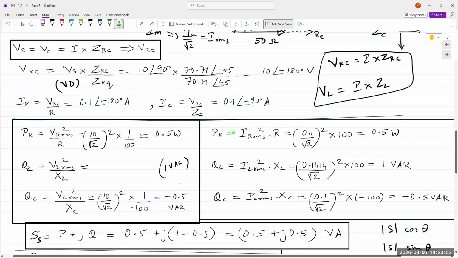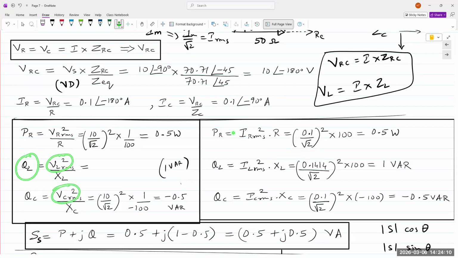Power for the resistor: what do we need? Voltage or current? For the inductor, the inductor voltage; for the capacitor, the capacitor voltage; or alternatively, we can solve with current for the inductor and current for the capacitor.